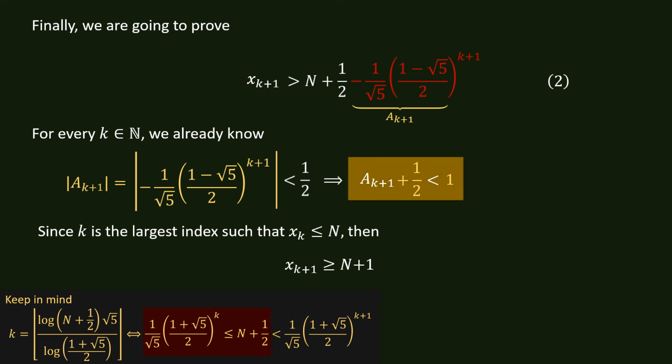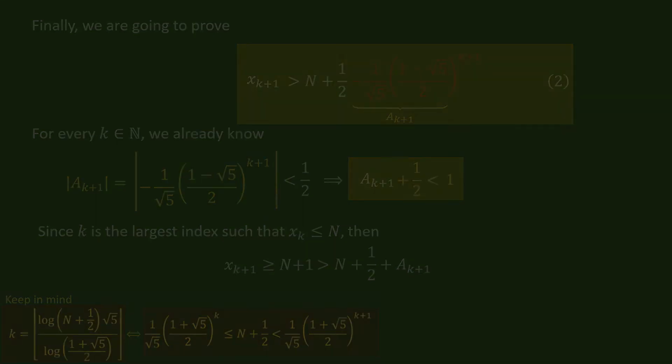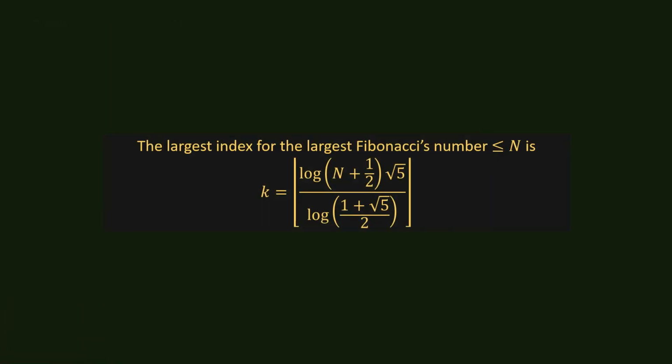Since 1 is greater than ak plus 1 plus half, we have xk plus 1 is greater than n plus half plus ak plus 1. And then the proof of equation 2 is done, which means we already proved the second part of our purpose. Which means we already proved k is equal to the floor value of the logarithm quantity. And there we are done.